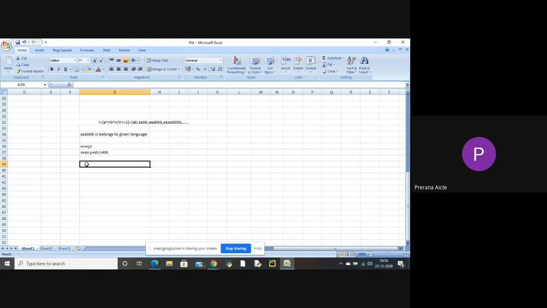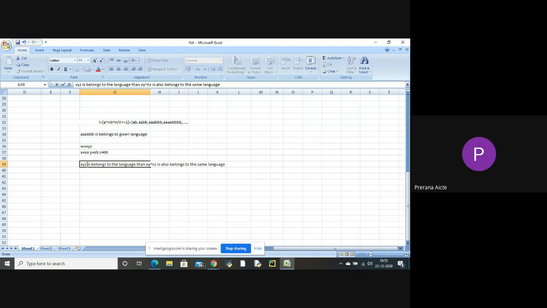So if xyz belongs to the language, then x y power n z also belongs to the same language.